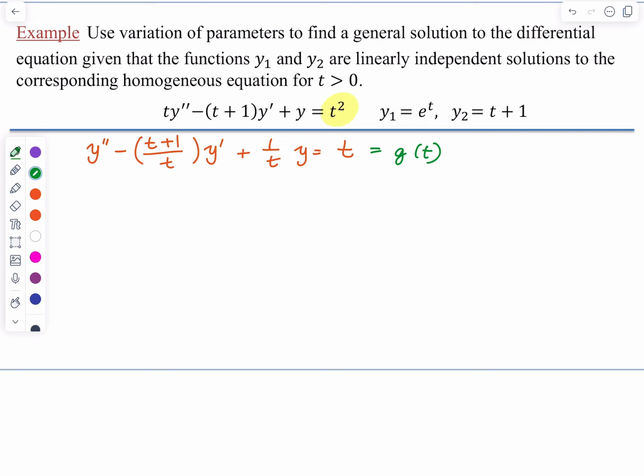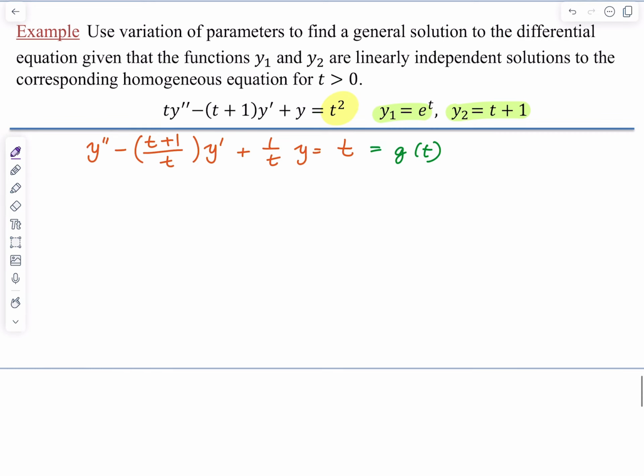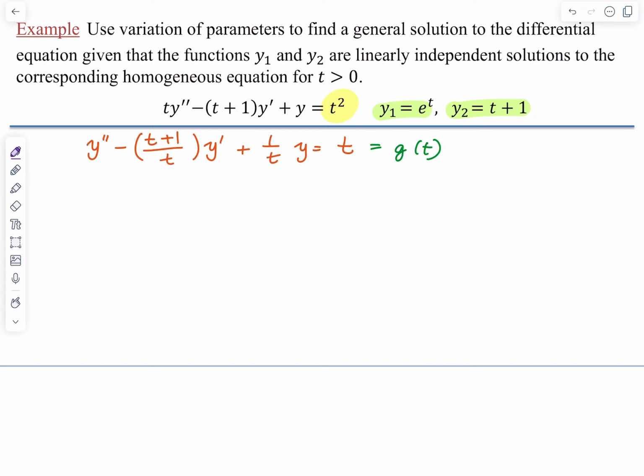Okay, so now we were given two linearly independent solutions here, y1 and y2. And so let's compute the Wronskian of those two solutions with respect to t. And we have e to the t multiplied by t plus 1 prime minus e to the t prime multiplied by t plus 1.